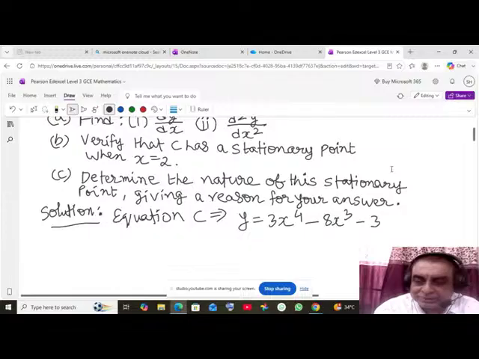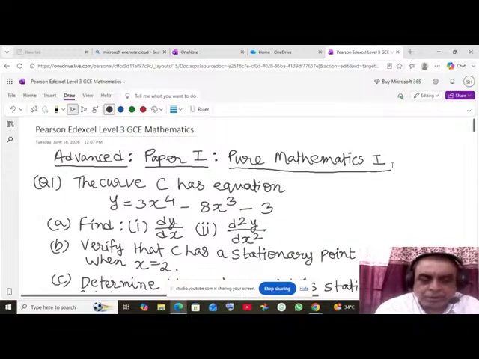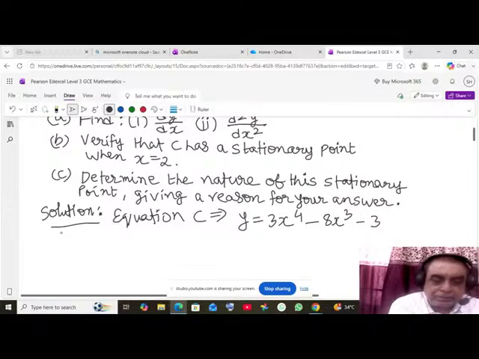That is the given equation of the curve C. Now, first the A part I am doing. In the first part of A, we are asked to find dy by dx.